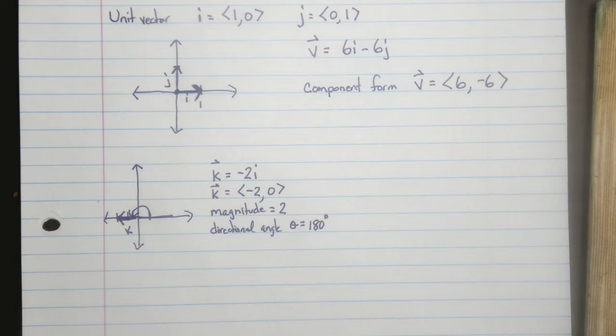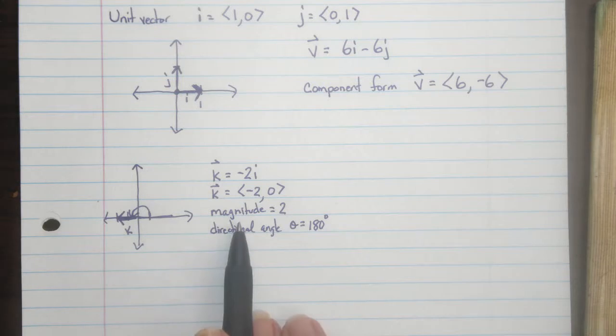If you've forgotten everything, you can look at your unit circle on your yellow paper. That is 180 degrees. And when we're dealing with the vectors, we're going to use degrees instead of using radians. All right, so that's your basic idea behind magnitude and direction.